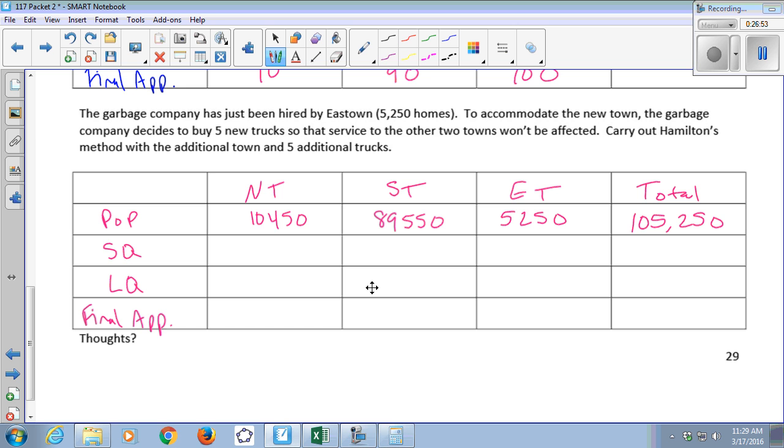All right, so I calculate my standard divisor, 105,250 divided by, I now have how many trucks to divvy up? 105. I had 100 and I bought 5 new ones to accommodate this new town. So I divide by 105.